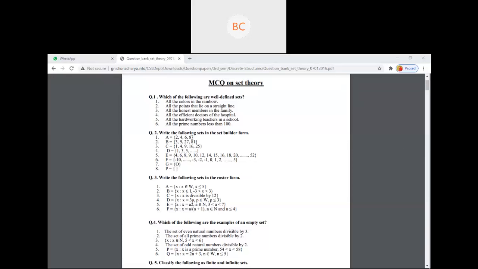But if I say only the even numbers, then there must be 10 also. But here only 4 elements, 2, 4, 6 and 8 are given. So 10 is also an even number, but here 10 is not written. So is there any other property of these 4 numbers, so that we can have only these 4 numbers?